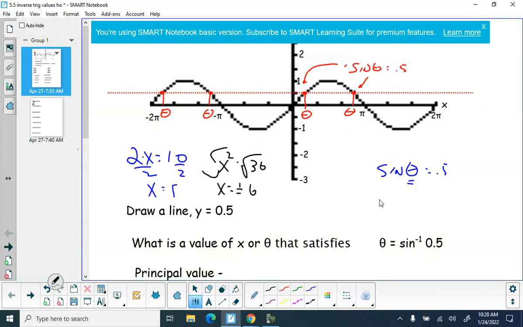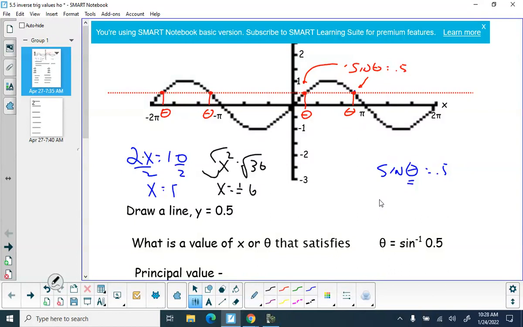Well, what's connected to my variable theta over there is the sine. And what we want to do is get rid of the sine. Now, a common mistake and a common interpretation of the sine of theta is equal to 0.5 is people want to say, well, we just divide both sides by sine. Why?